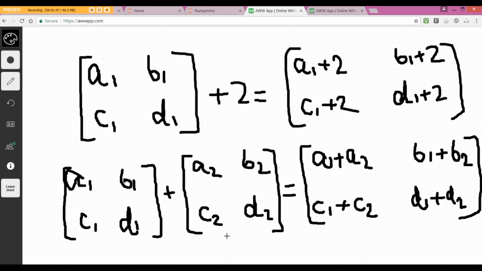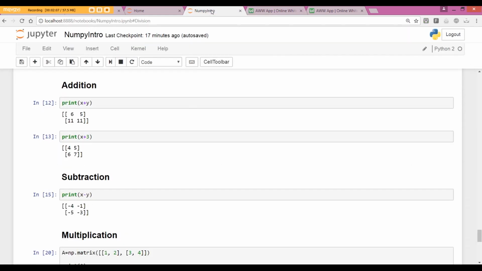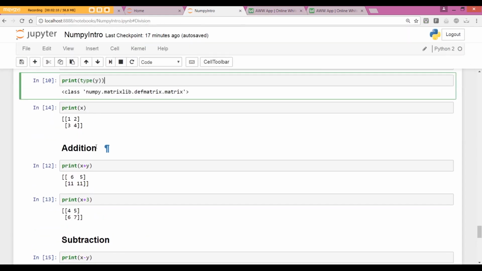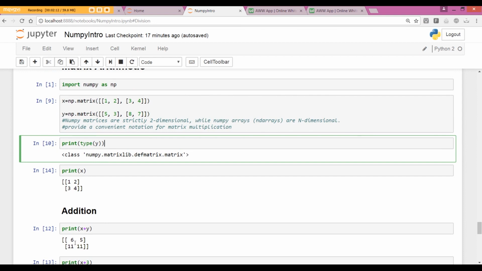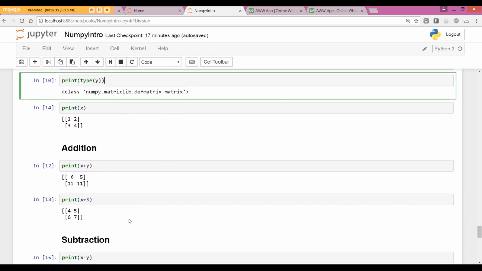So the element present in the first row and the first column of matrix 1 is added to the element present in the first row and first column of matrix 2, and so on. And this is essentially what Numpy has done for us. One plus 5, 6, 2 plus 3, 5, 3 plus 8, 11, 4 plus 7, 11.